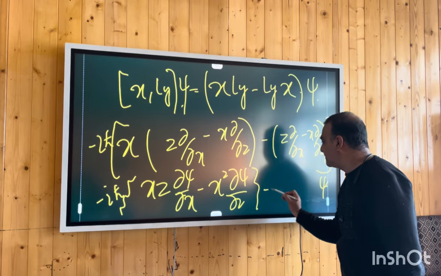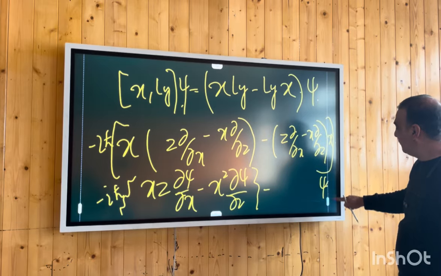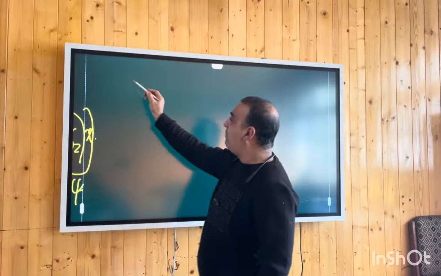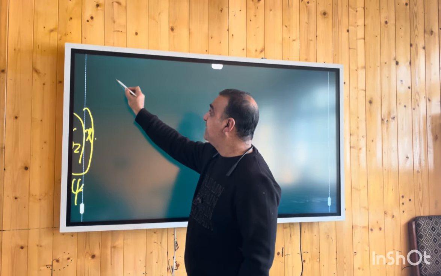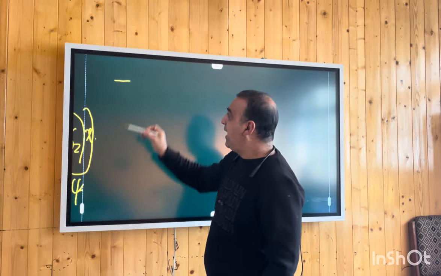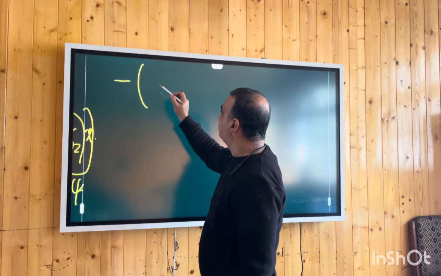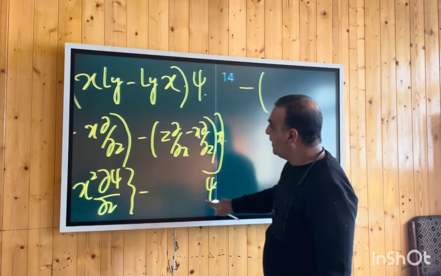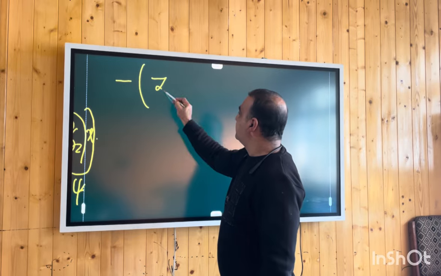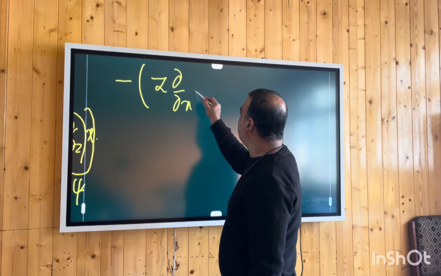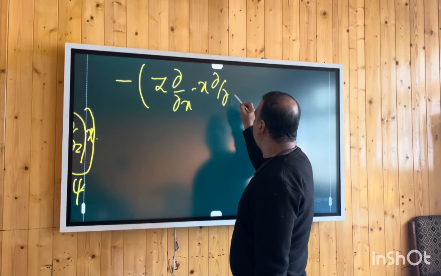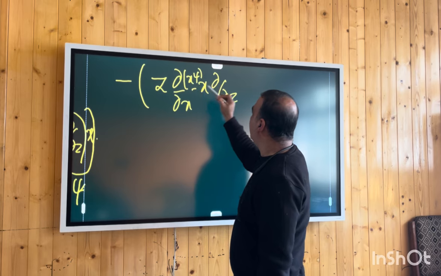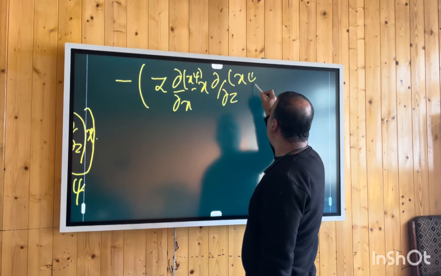You have a minus. So I will take on the next page. What I have here is minus, then z ∂/∂x minus x ∂/∂z, but it will have x psi multiplied.